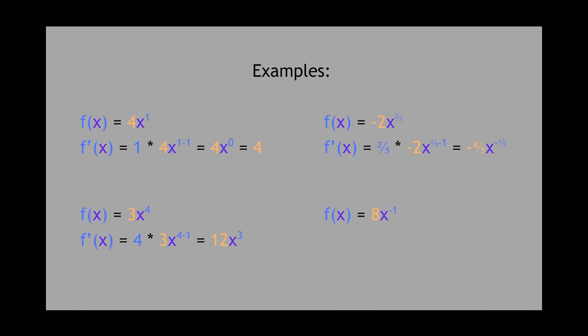And finally, an example where the power is already negative, so f of x is equal to 8x to the negative 1. The derivative of this function would be f prime of x is equal to negative 1 times 8x to the negative 1 minus 1, which is equal to negative 8x to the negative 2 power.